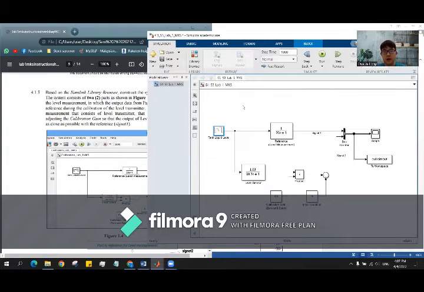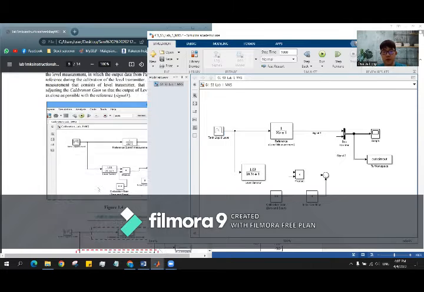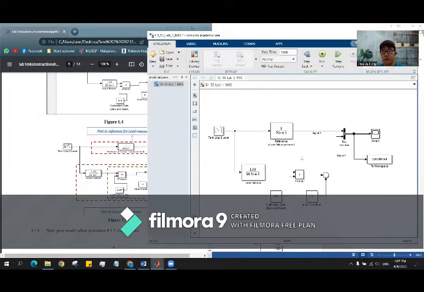Then this part is the reference for level measurement. We are using a transfer function block for this reference, and the signal from this part will be declared as signal 1.